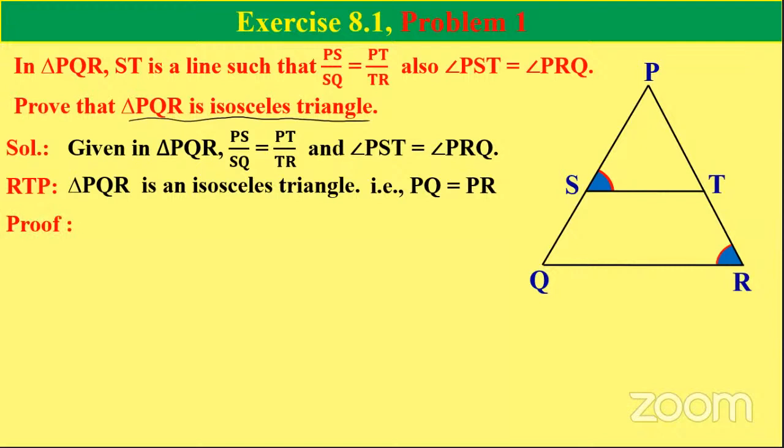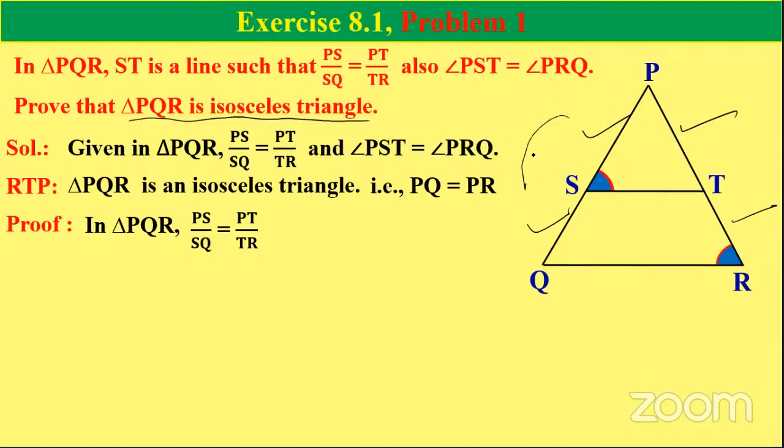Given triangle PQR, PS by SQ is equal to PT by TR. What does it mean? This is PS, this is SQ, then this is PT, this is TR. The ratio of these two side segments is equal to the ratio of these two side segments.